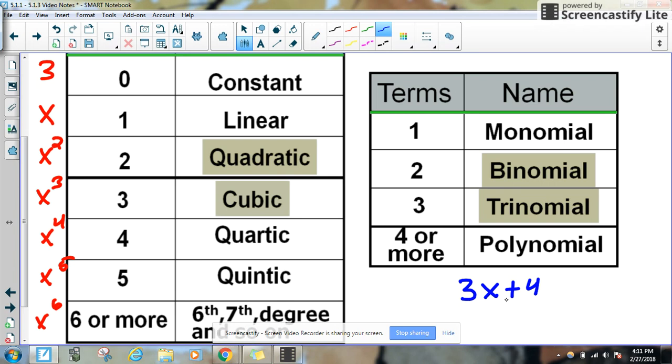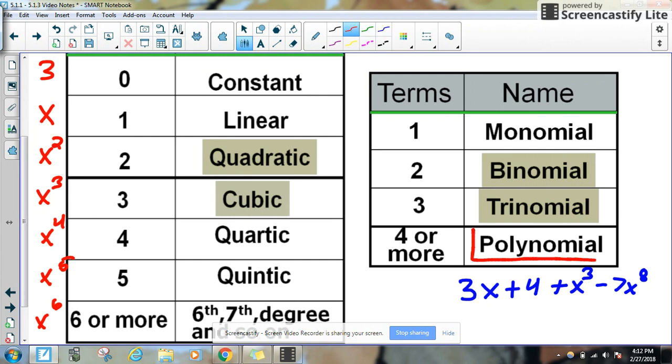And if I put another term with another addition sign, x to the third power, now it has 3 terms. If I minus a 7x to the 8th power, now it has 4 terms, okay? So one term is known as a monomial, 2 terms a binomial, 3 terms a trinomial, 4 or more is known as a polynomial. However, there's one thing you have to be careful of.